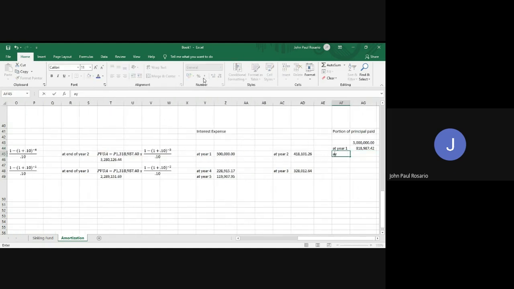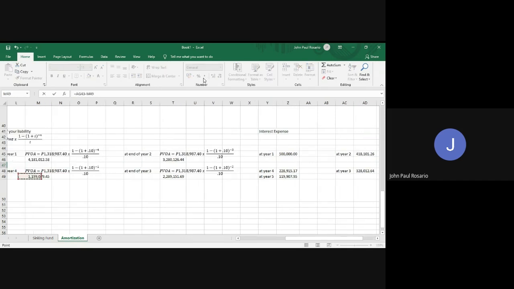Year 2, actually you can re-establish the values in the table just by using the formula. So again, 5 million, and then you deduct from it the PVOA year 2. Year 3, same, 5 million minus the year 3 present value, and then year 4, it's 5 million, then you deduct the present value you have gotten for year 4.